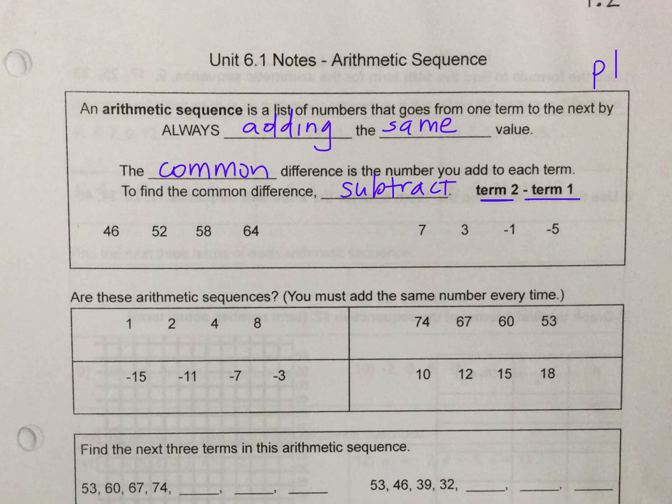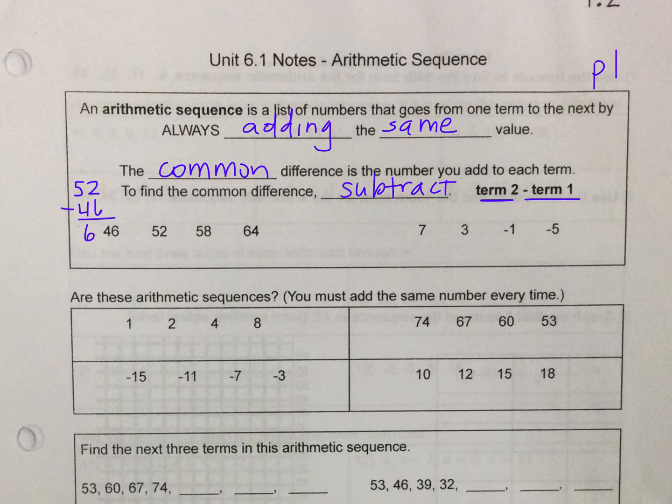So, let me show you what we're talking about. This is term 1, term 2, term 3, term 4. We just name them by what order they're in. If I want to know the common difference, I'm going to say 52, because that's term 2, minus 46, gives me a 6.